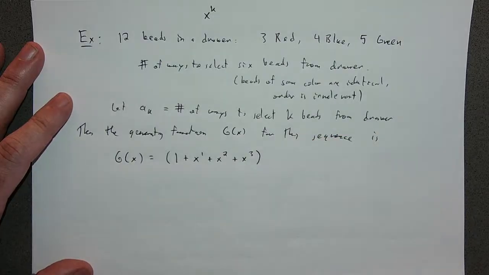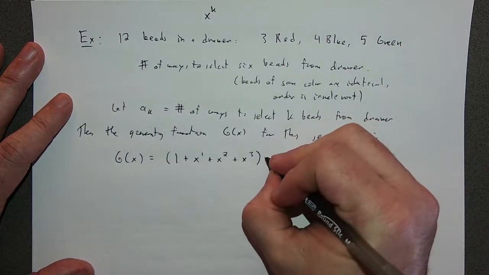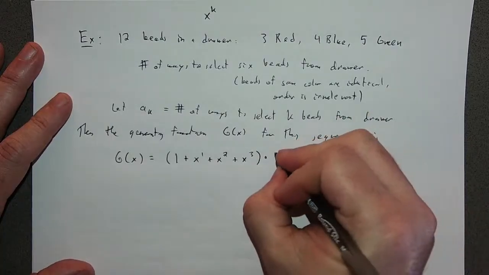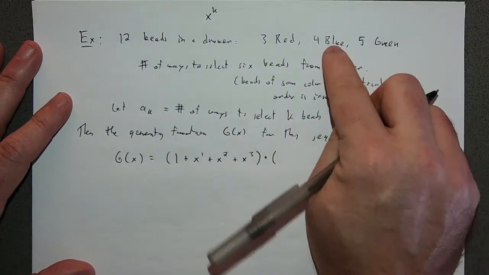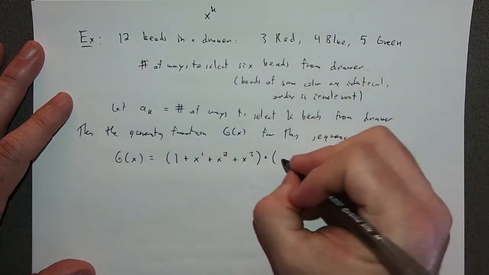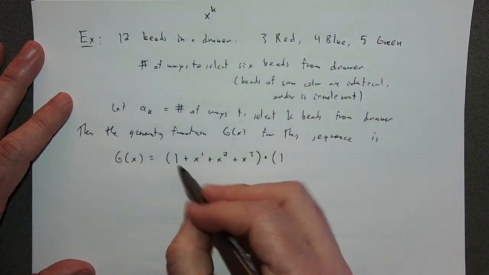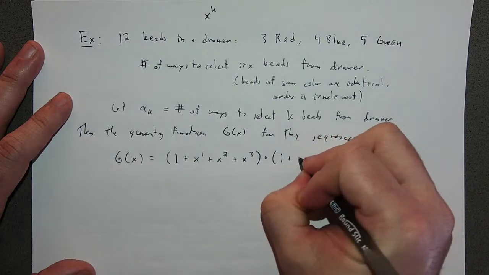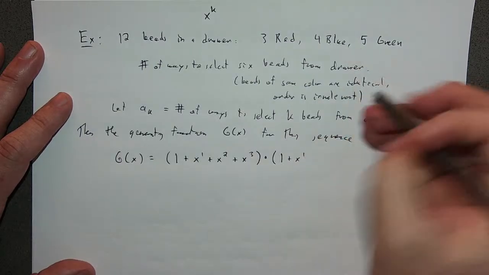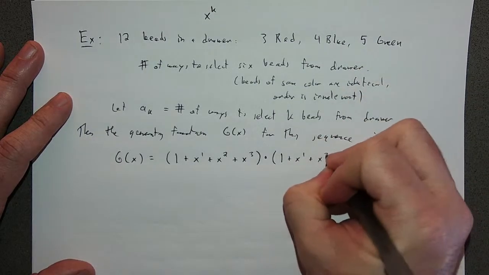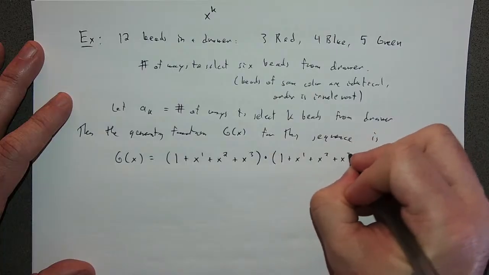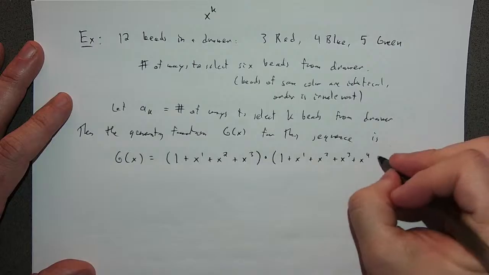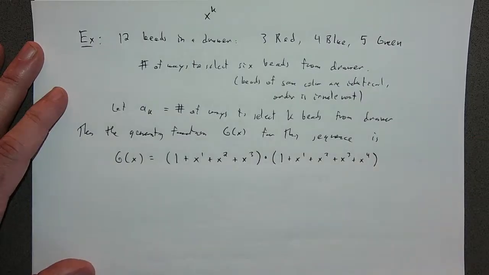Next in the sequence, now there's sequential choice happening, so this is a multiplication, is the number of blue beads that I'm selecting. Again, I can select 0, that's x to the 0, or I'm just going to go ahead and shortcut this and write 1 here. Or I can select 1 blue bead, or 2 blue beads, or 3 blue beads, or 4 blue beads. And once I'm done, that is the number of blue beads I've selected.